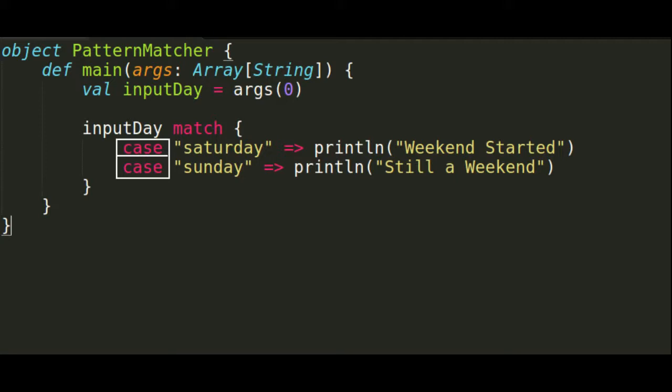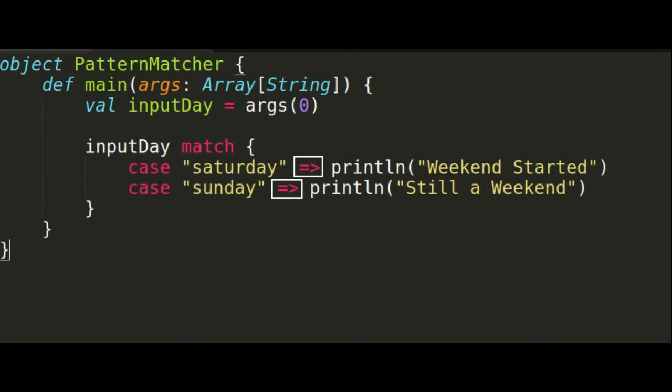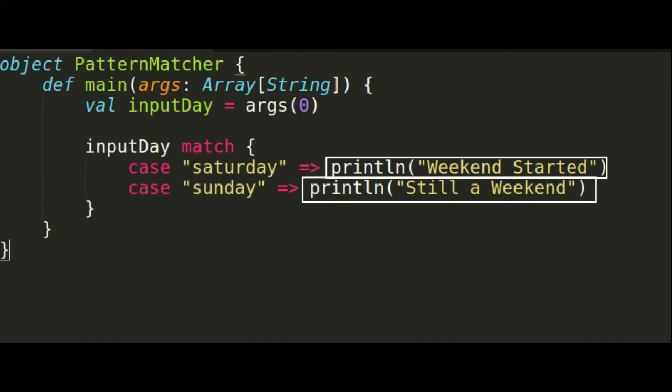In this case, both of the patterns to be matched are simply the string values Saturday and Sunday, respectively. Next comes the arrow sign, which is the equal sign followed by the greater than sign. And then to the right hand side of each arrow comes the expression to be evaluated if that particular case clause evaluates to true.